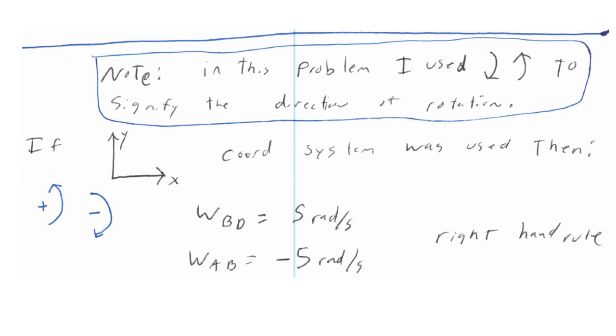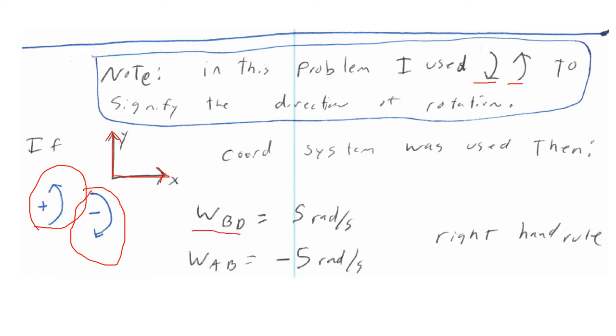So one thing to note, as I solved this problem, I used these arrows to notate which direction things were rotating in. Now, if I had chosen a standard Cartesian coordinate system with my y positive going up and my x positive going to the right, then using my right-hand rule, we could say that, okay, counterclockwise is positive and clockwise is negative according to my right-hand rule.